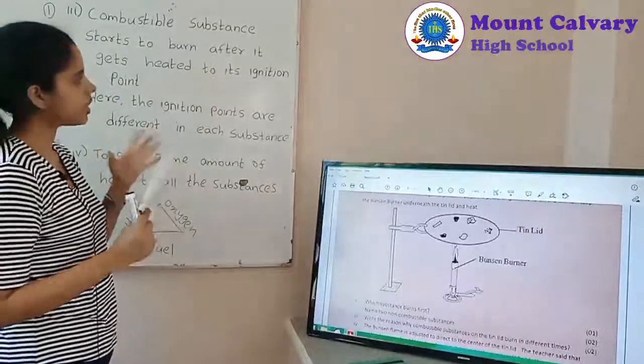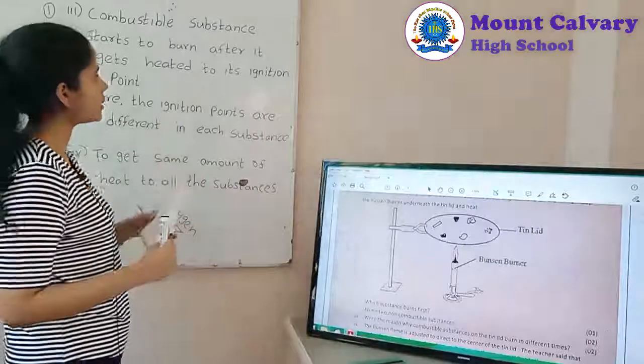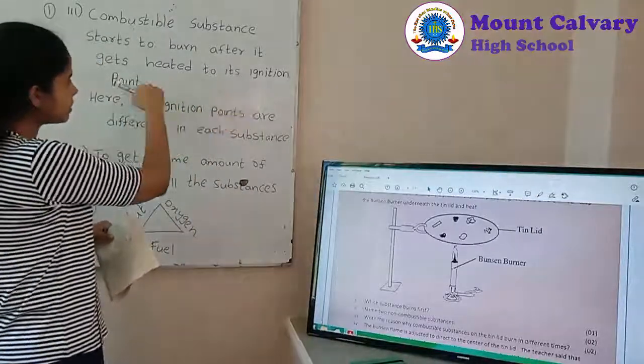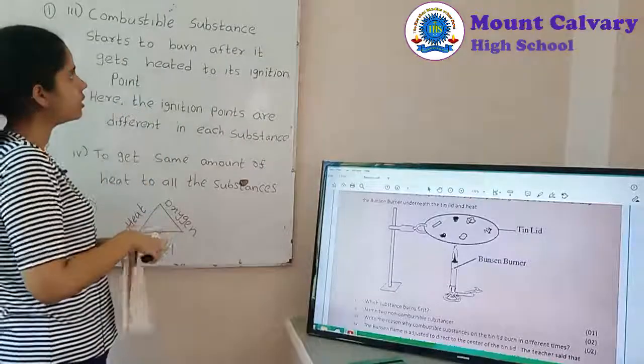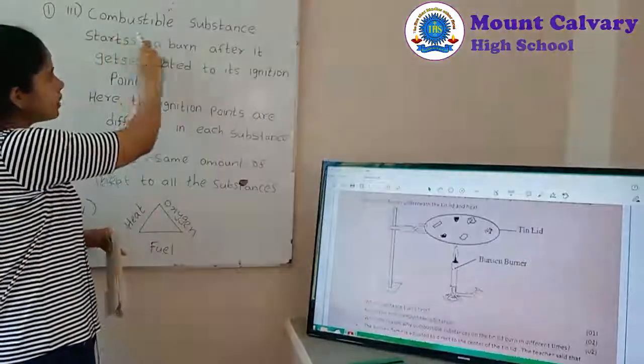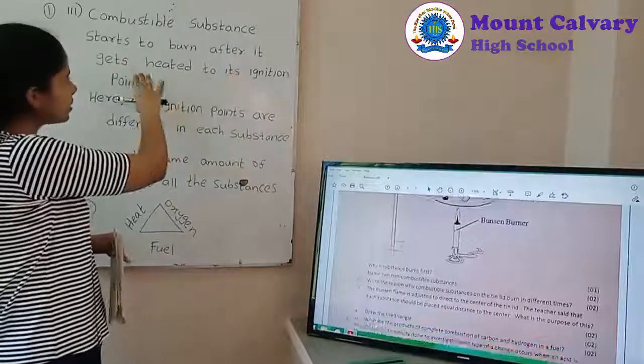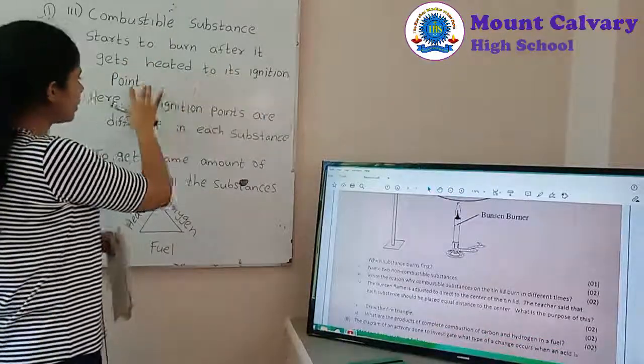Only after it reaches its ignition point will it start to burn. So the answer is: all combustible substances start to burn after they get heated to their ignition point.